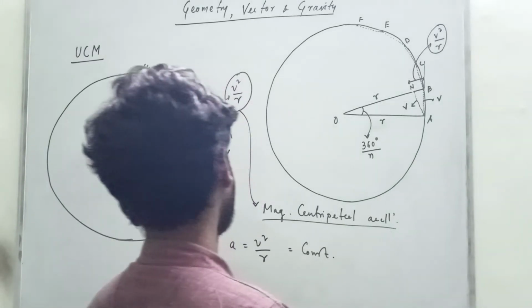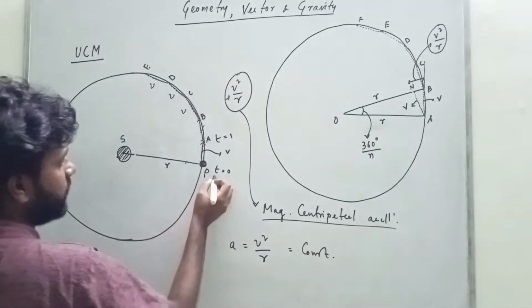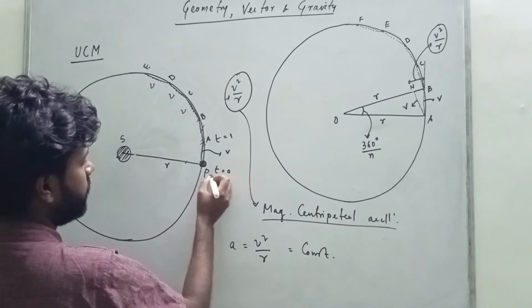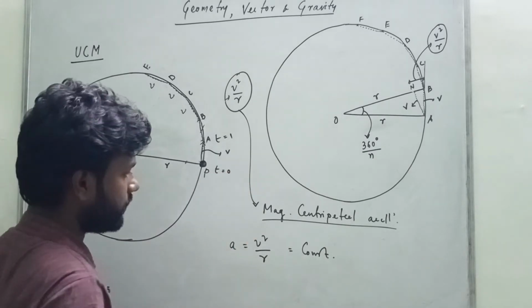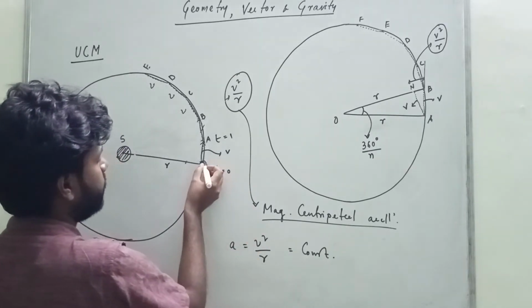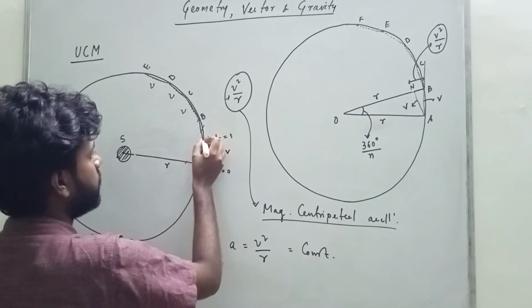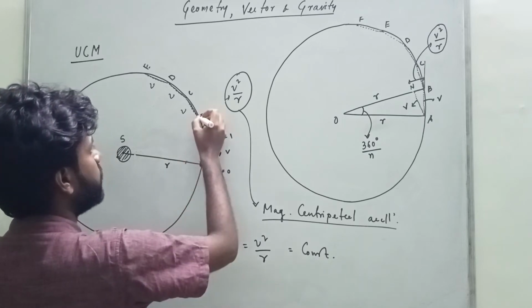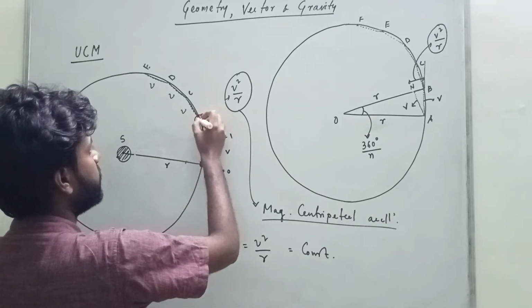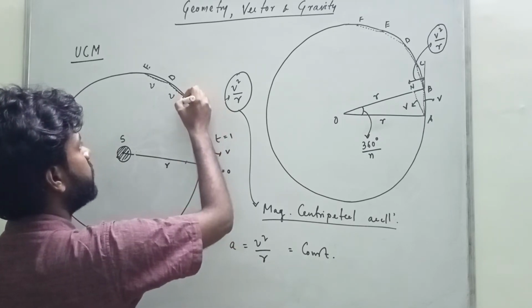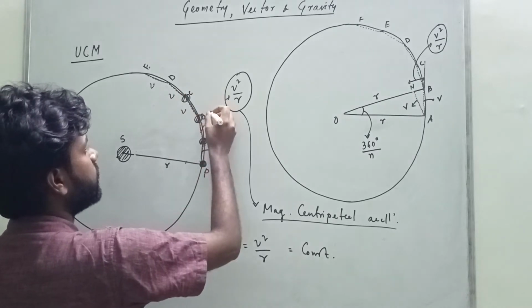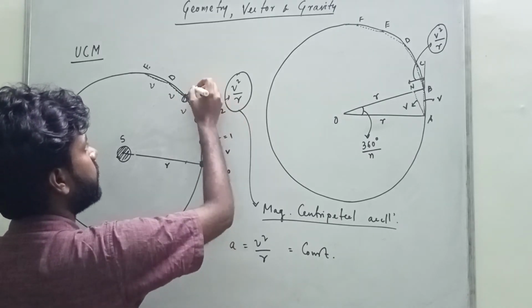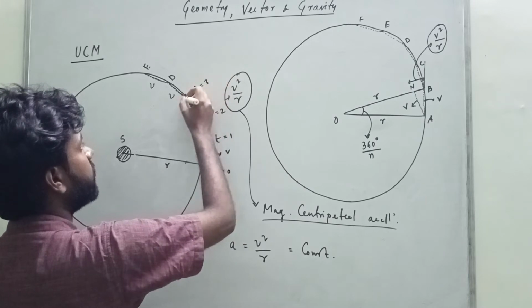And just take t equals 0. When the time t equals 0 seconds, the planet is here, and after t equals 1 second, the planet is here. After t equals 2 seconds, the planet is here. After t equals 3 seconds, the planet is here, right?